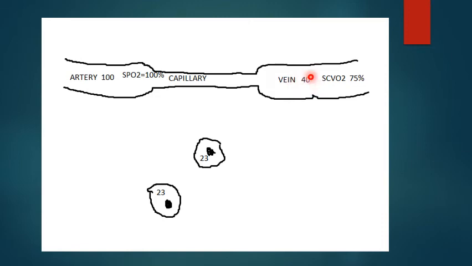So this has to be maintained somewhere around 40. Instead, if it goes to 20, 25, molecules always move from high concentration to low concentration, isn't it? Here it is 100. Here instead of 40, if it becomes 20, instead of this oxygen going to the tissues, it will try to travel an easier path to come here. So it won't oxygenate the cells.